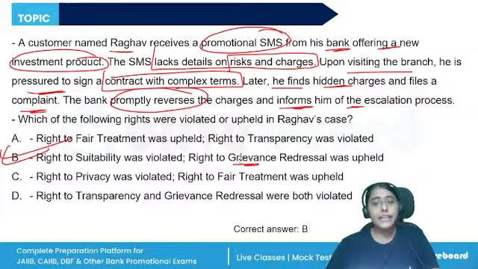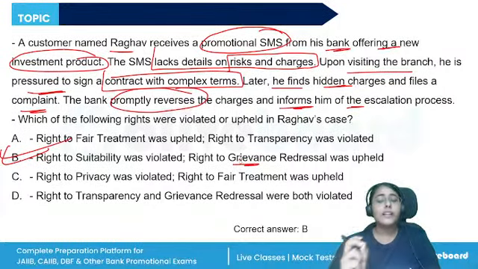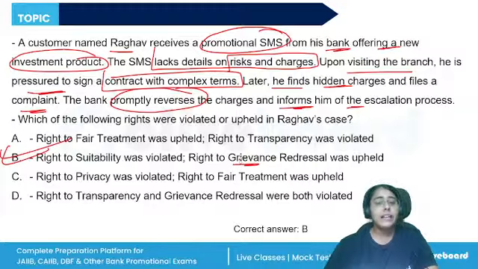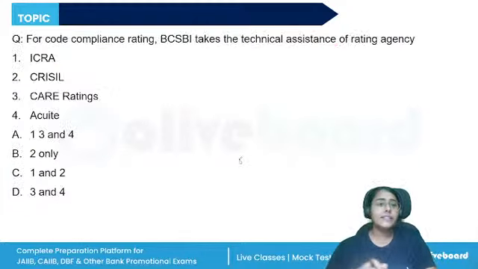Right to suitability, only those products that are appropriate to the customer's needs should be offered. Right to privacy, the customer's information should be kept private and confidential. And grievance redressal, correcting the mistakes promptly, cancelling any bank charges applied by mistake. So the correct answer is B.